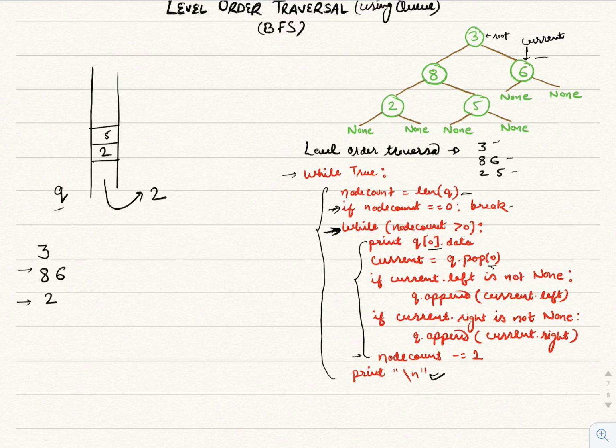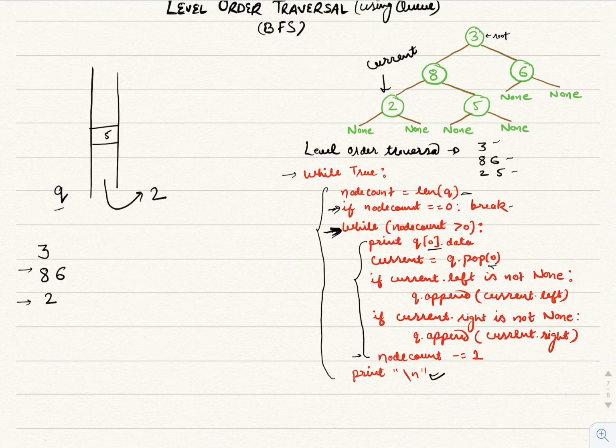So we'll pop 2 and we'll assign current. Now current's left and right are both None, so we won't append anything to the queue, but the node count will get reduced by 1 and the node count will be 1 now. Again this while condition will work.